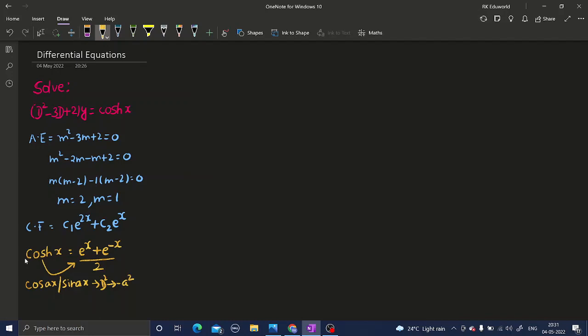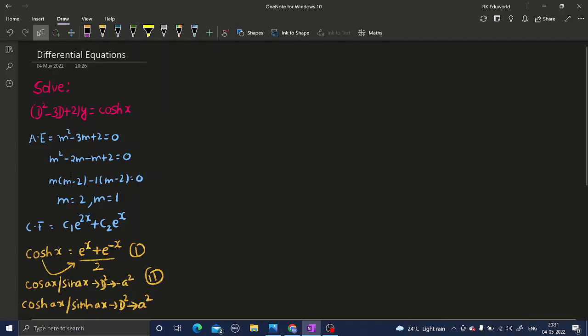Now in hyperbolic cos of ax or hyperbolic sine of ax, what we can do is replace this D square by simply a square. So these two things are there. First one is this, second one is this. Both are equally lengthy, so whichever method suits you better, you may try that.